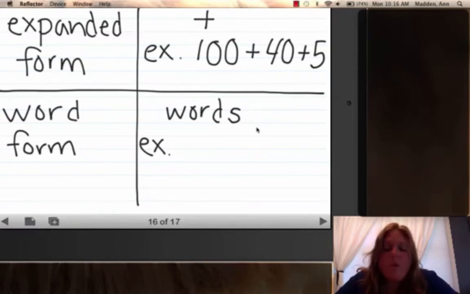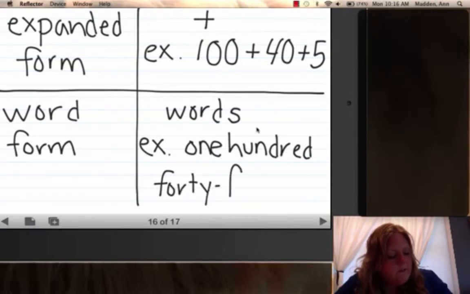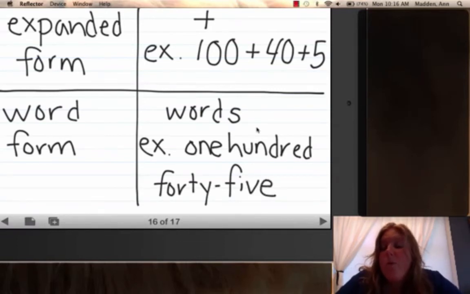Example, 145, I would write out 145. Now spelling does not matter, but it would be a good, wise choice to start remembering how to spell some numbers. Those are our notes for today.